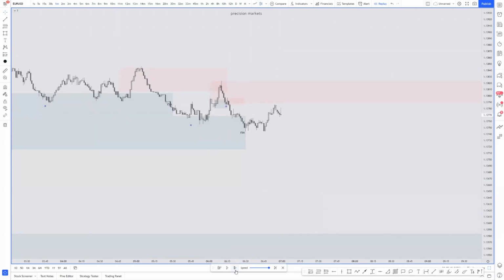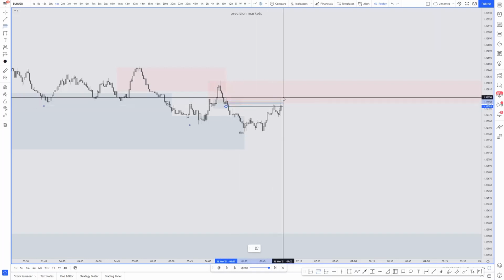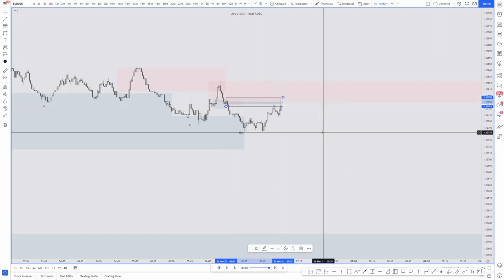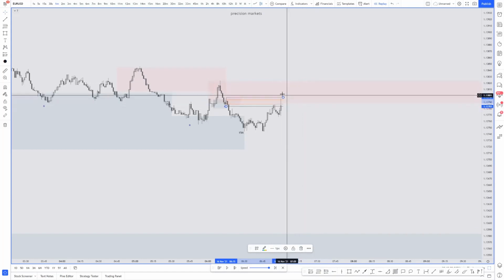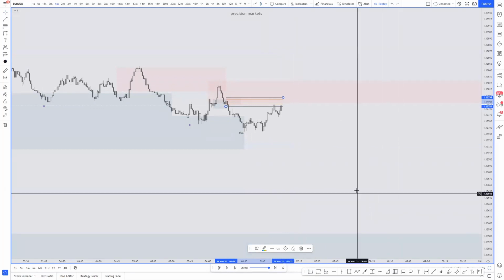Right now we're just waiting for the 15 POI to get hit. And so we did tap into our 15 POI. Depending on your risk tolerance and how you manage, you do have opportunity. One would be this entry right off the bat. The reason that's an entry is, one, we tapped into a flip zone here, and two, we tapped into the 15 supply.